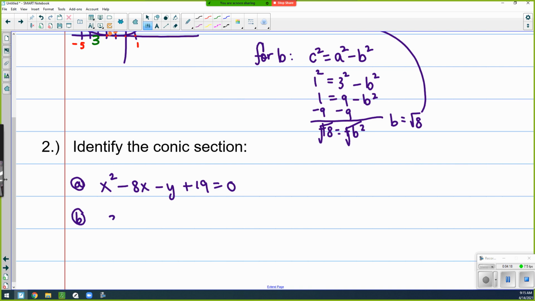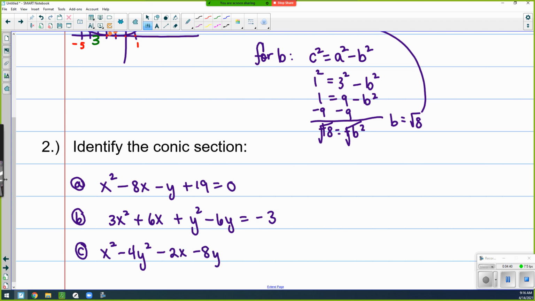B, 3x squared plus 6x plus y squared minus 6y is equal to -3. And then the last equation, C, is x squared minus 4y squared minus 2x minus 8y is equal to 7.